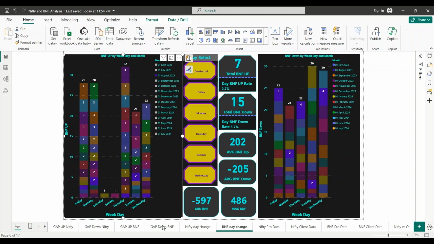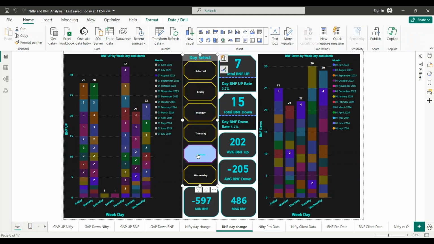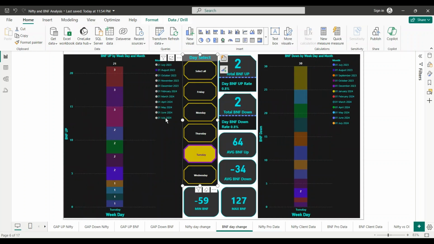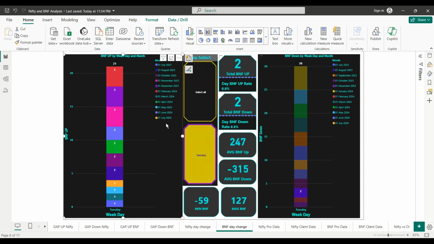Okay, what else? Let's see for tomorrow. Deselect all. Go to Tuesday. Tuesdays are normally... Let's remove that filter. On Tuesdays, Bank Nifty is 21 times positive, 30 times negative overall.